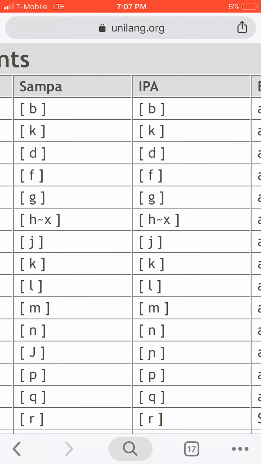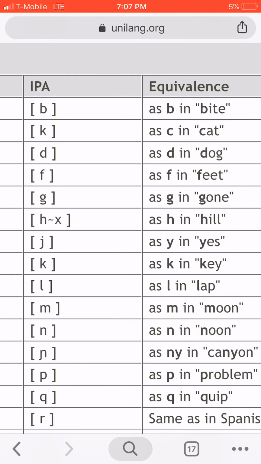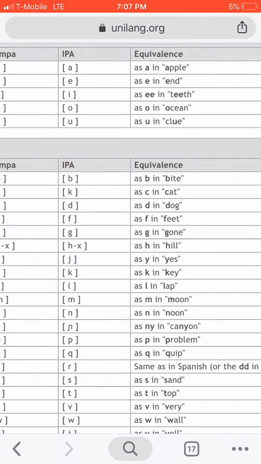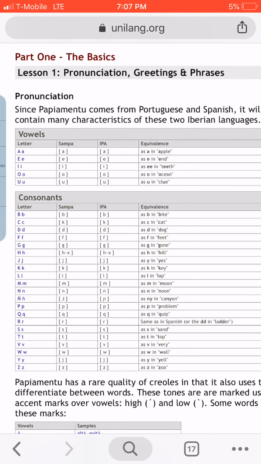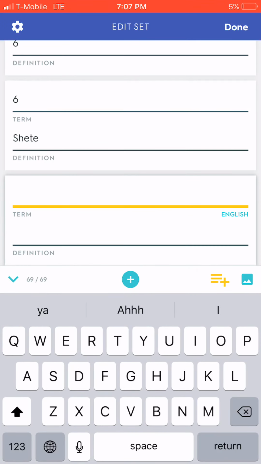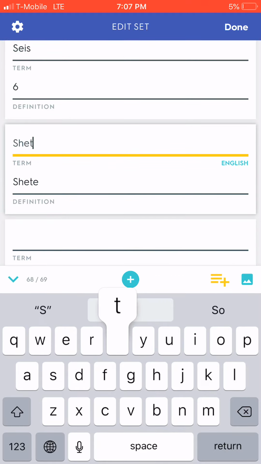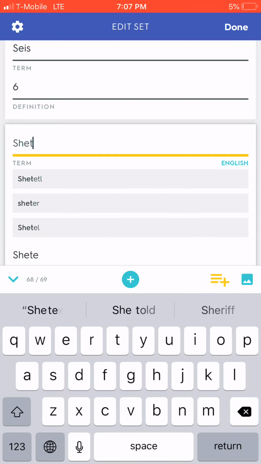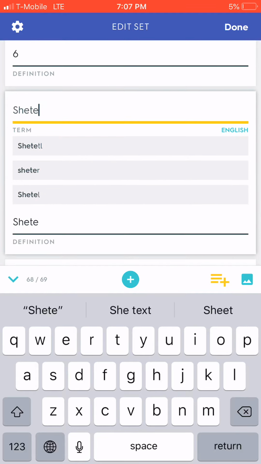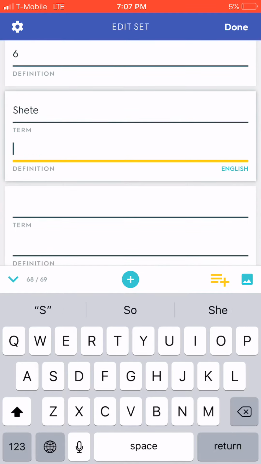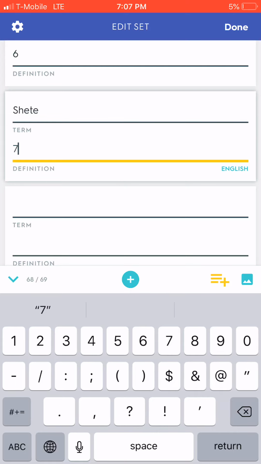So ha to cha, because the X is a cha in IPA, is like an H in hill. So if H is really pronounced that way, then it's sahete. Assuming that's the case, sahete would be 7.